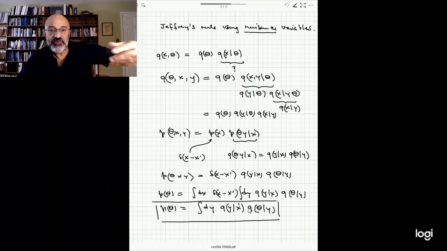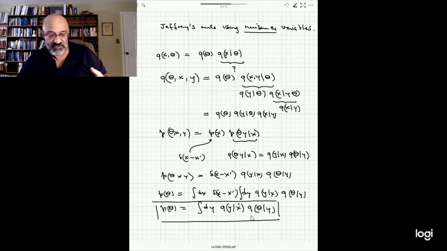I hope you appreciate that this more sophisticated kind of analysis, which goes under the names of Jeffrey's rule and stuff like that, does not use any different kind of logic. It's exactly the same logic that we use for Bayes' rule.